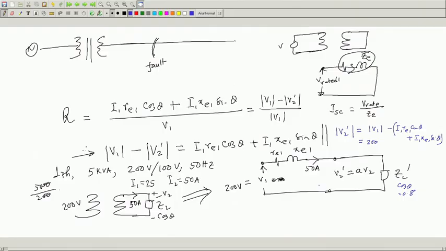Then you will be able to calculate V 2 dashed, and then I want to know what is V 2. So, I can easily calculate V 2, how much it will be. From V 2 dashed I will divide and get it.